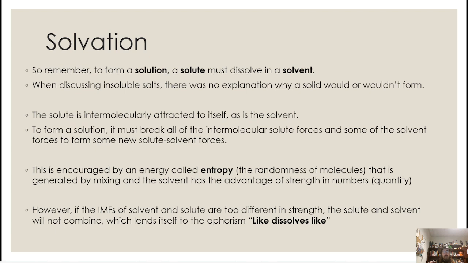The solvent is usually made up of a bunch of intermolecular forces. In order to form a solution, we must break apart all of the intermolecular solute bonds and break apart some portion of the solvent intermolecular forces.